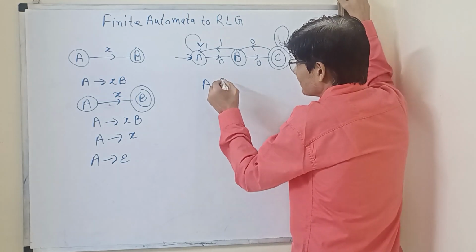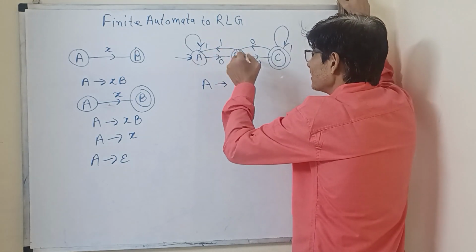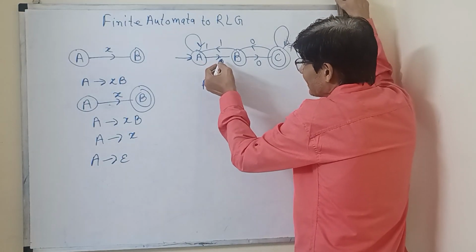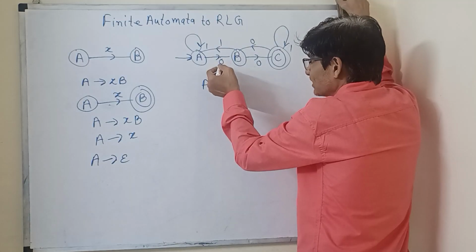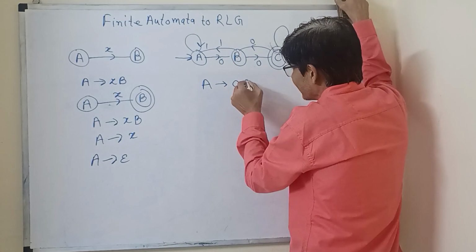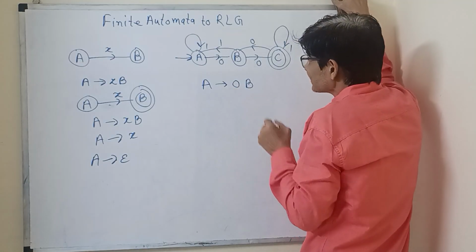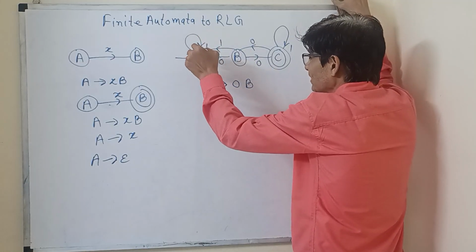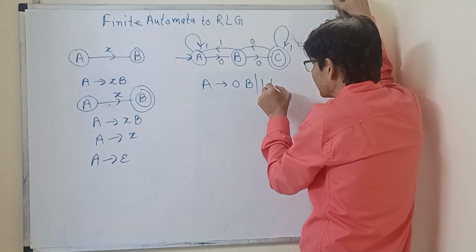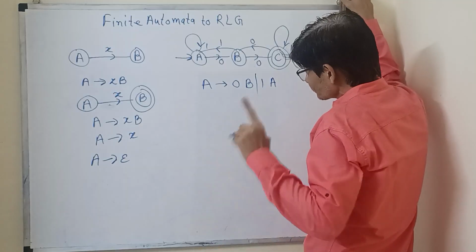So we can convert the transition of A into equivalent production rules. On A, if we are applying 0, we are moving to B, so I can write A gives 0B. And on A, if we are applying 1, we are staying on A, so I can add one more production there, A gives 1A.